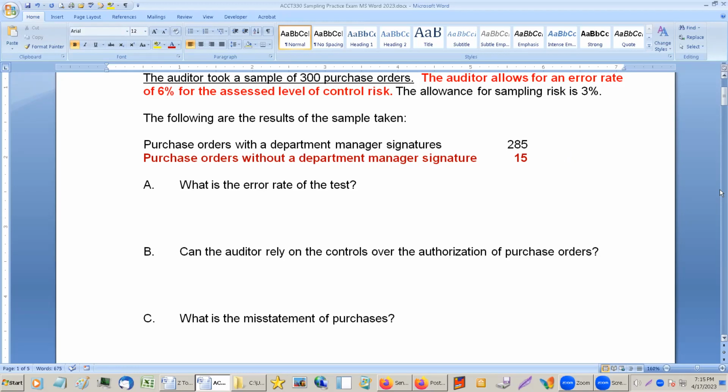So what's the error rate? So the error rate is 15 divided by 300 equals 0.05, or 5%.